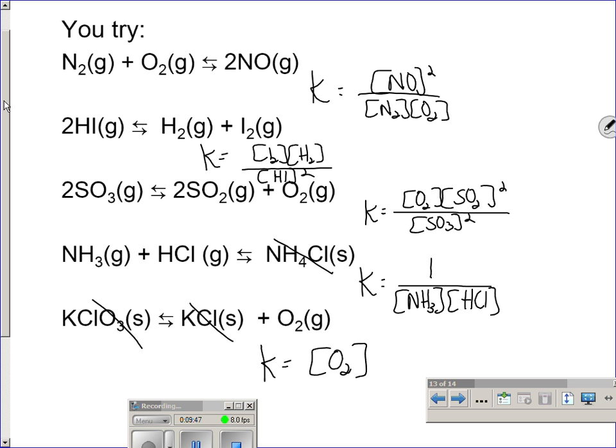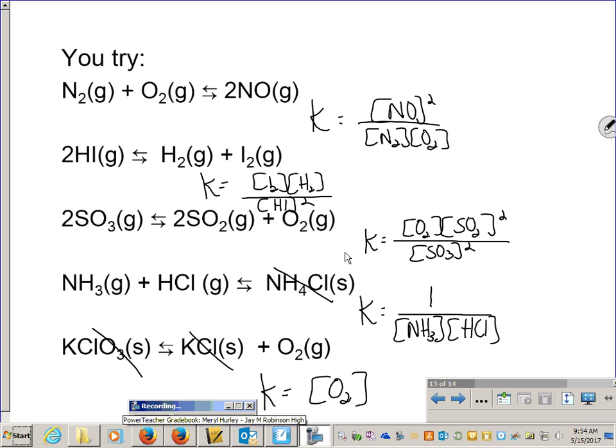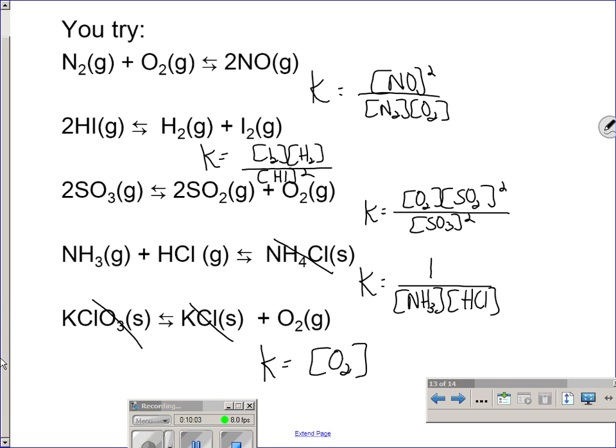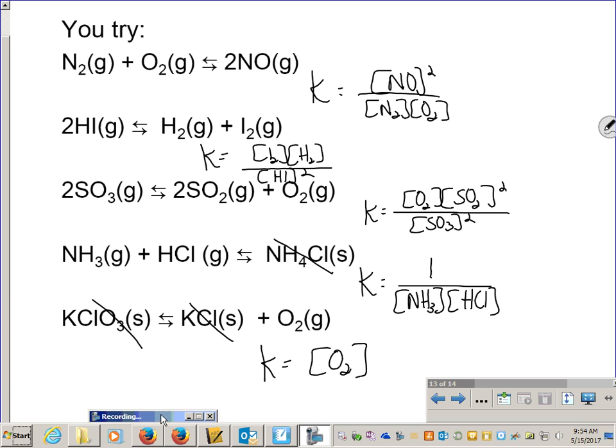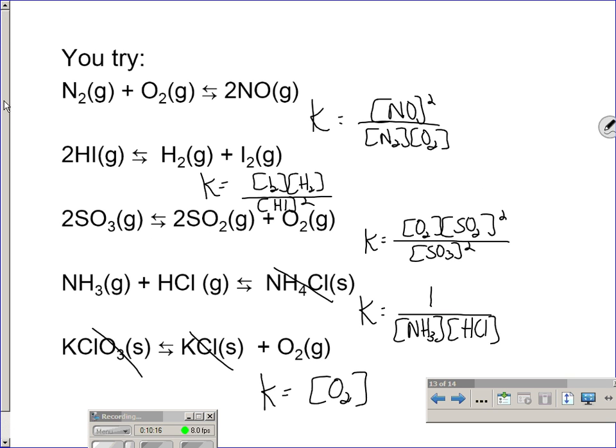And you've also learned how to write the mathematical expression that we will use to calculate a value for K. Okay, in the next segment, we are going to start making some calculations using some concentrations and our equilibrium constant expressions that we have written using the law of mass action.